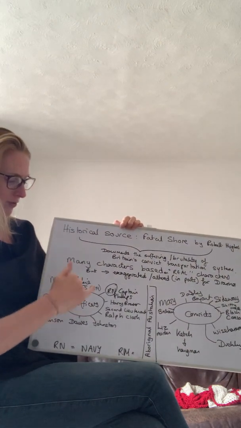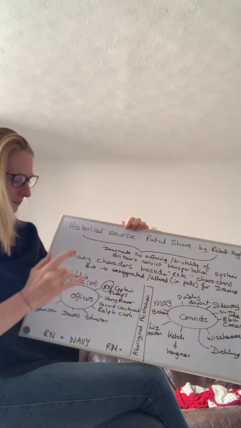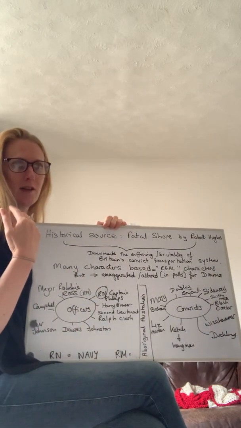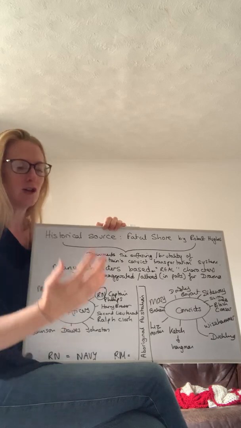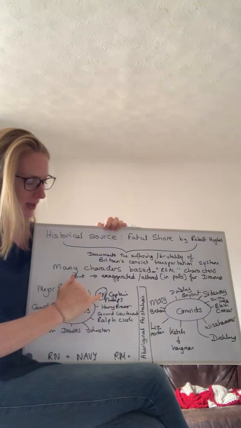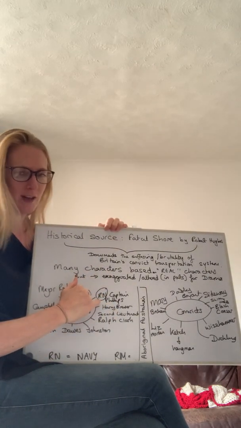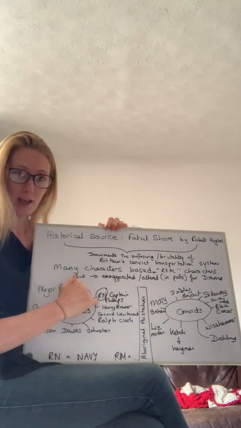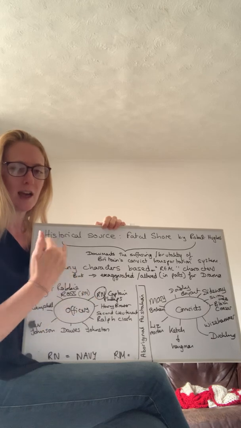So let's talk about the officers first. The captain that led and was in charge was Captain Phillips. Captain Phillips is a lovely character in the play. The actual character it's based on came out of retirement.